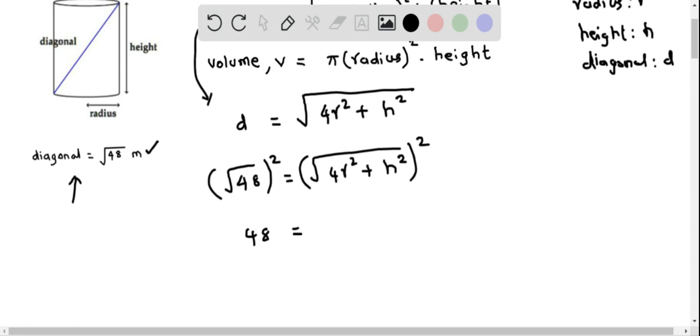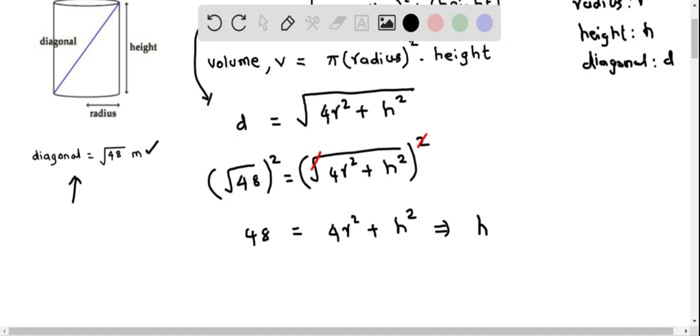When we square the right side, the square root and the power of 2 cancel. So we'll be left with 4r squared plus h squared. Basically, we want to solve for h using this equation so that we can replace this height in the volume equation.